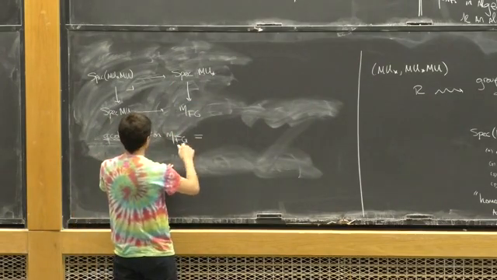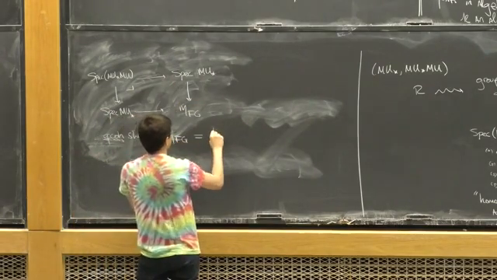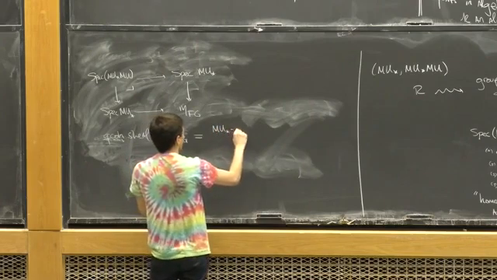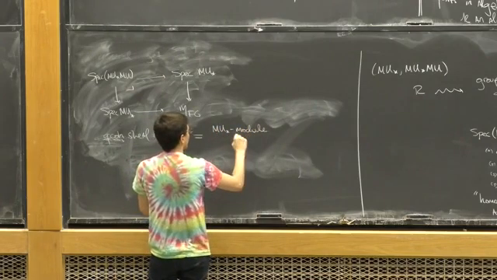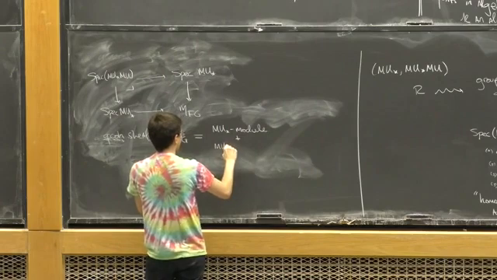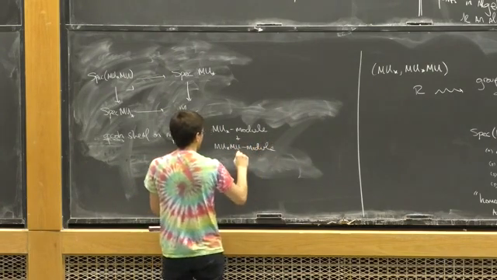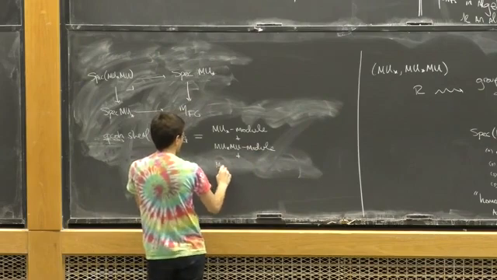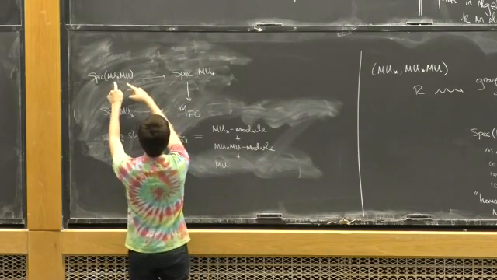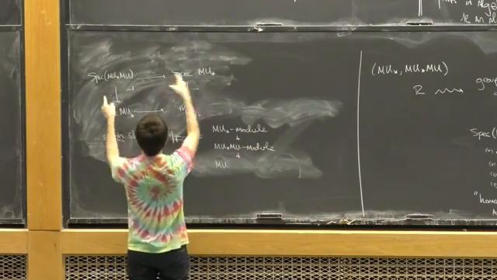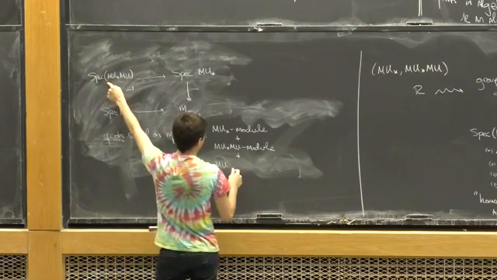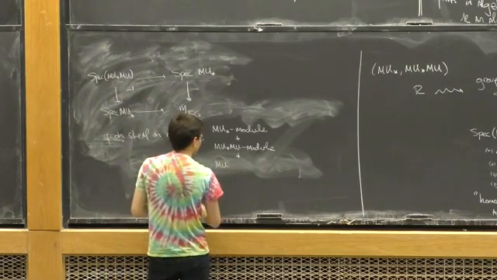So a quasi-coherent sheaf on MFG is the same as a mu star module plus a mu star mu module plus an isomorphism, so they have to agree when you pull back all the way to here. Oh, sorry, I did this wrong.